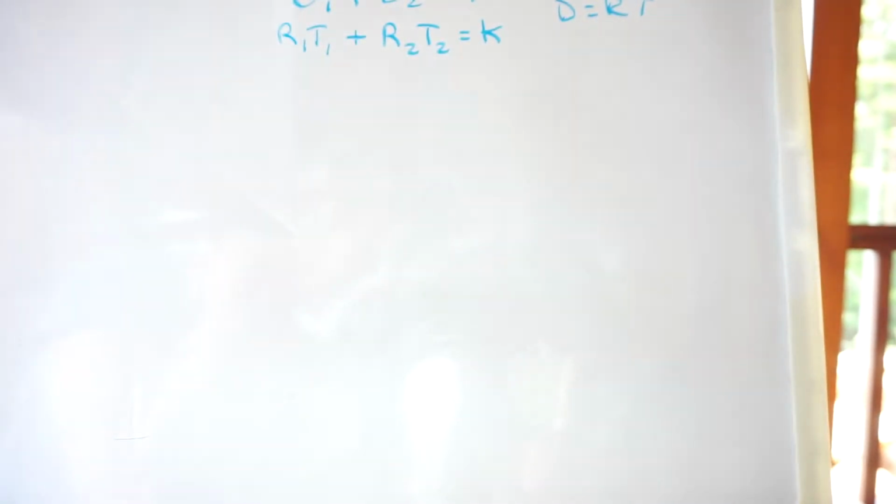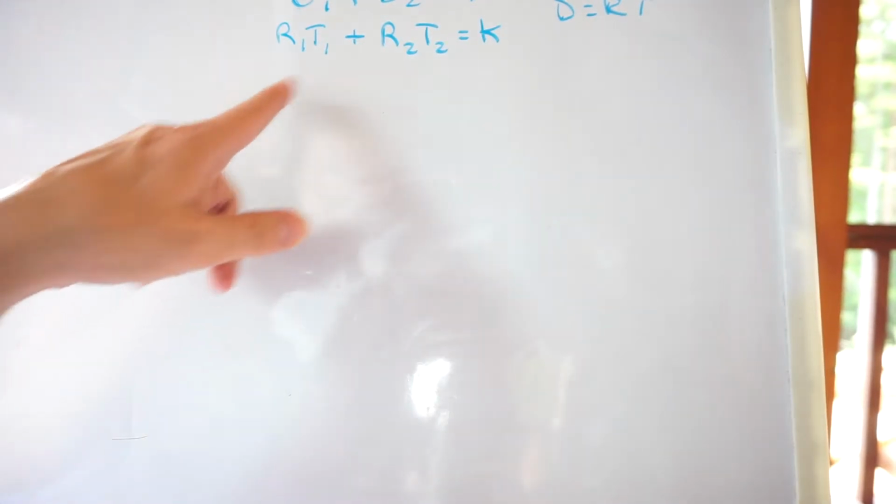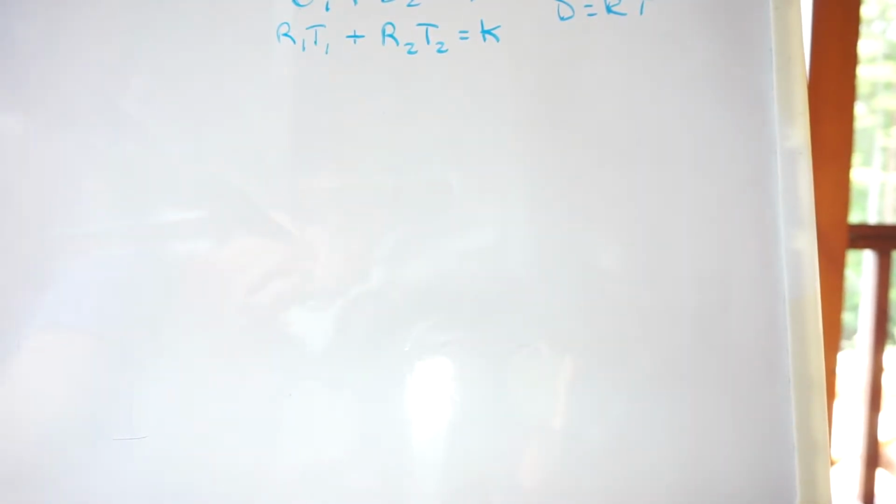All right. So we have a southbound bus left Fort Walton Beach at 9 a.m. Two hours later, a northbound bus left the same station. So they're starting in the same place and going in opposite directions. If the buses traveled at the same rate, so we know that the R's are going to be equal to each other, and were 352 kilometers apart at 2 p.m., find the rate of the buses.